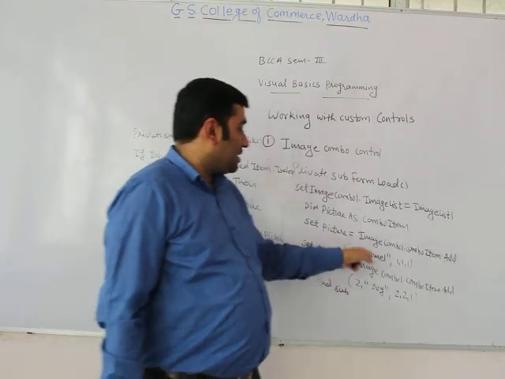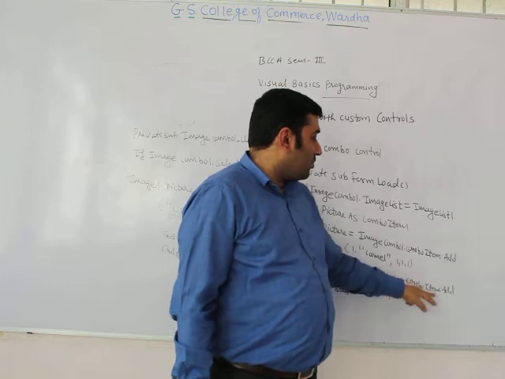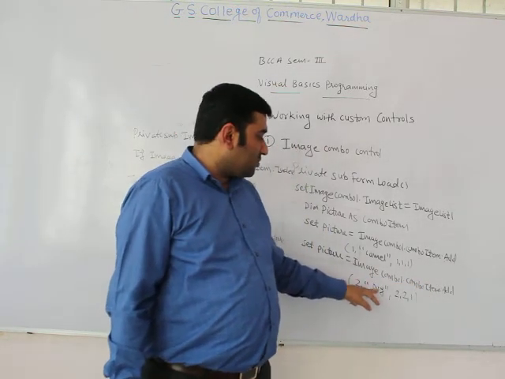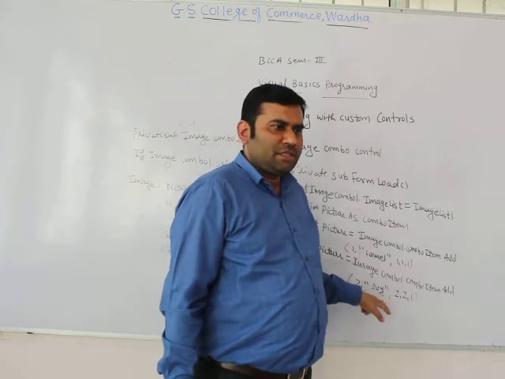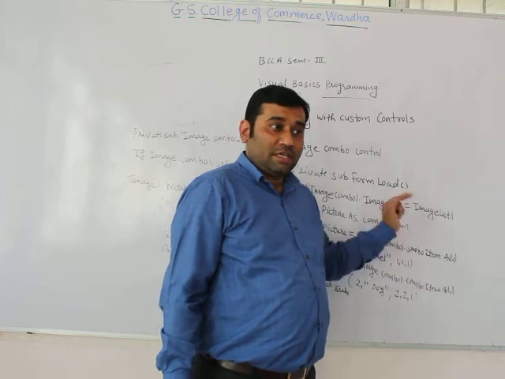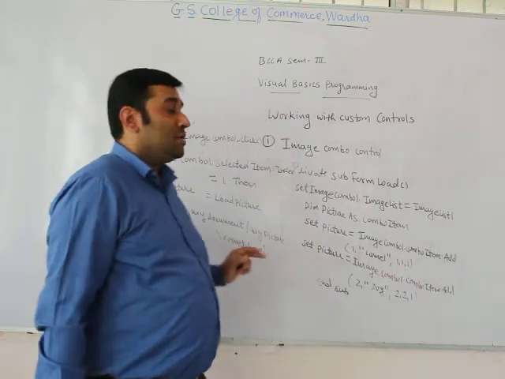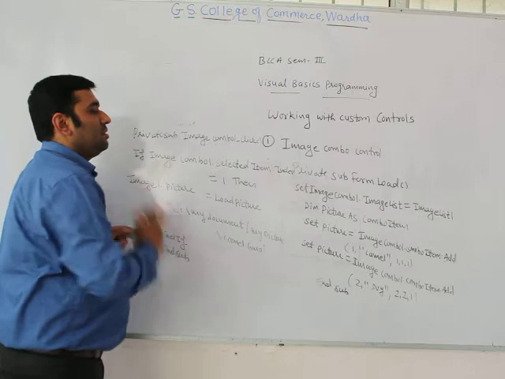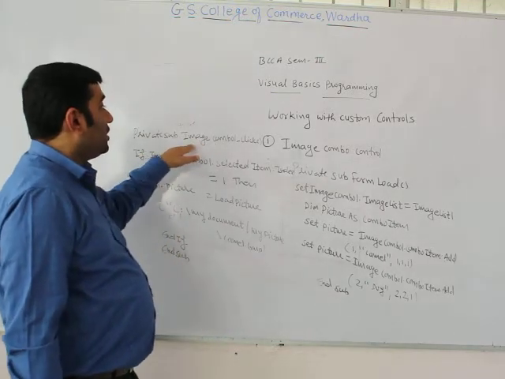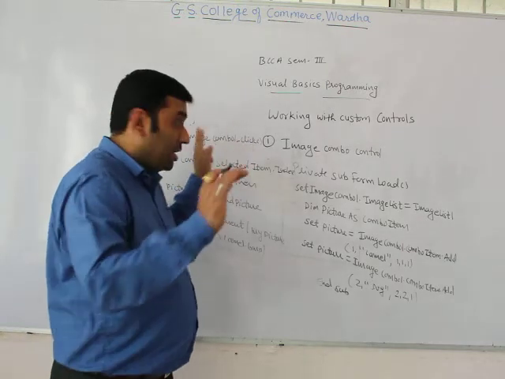Set another image combo 1 combo item dot add on the second position and the image name and 2 2, second item is in the second. You have added the private sub, write the code on the image combo 1 click event.